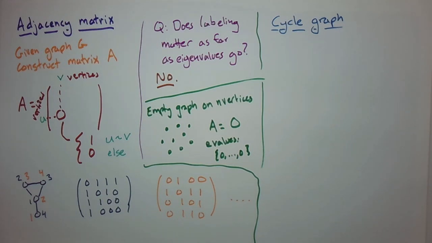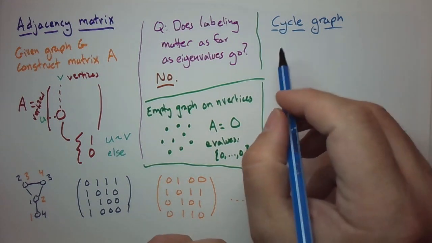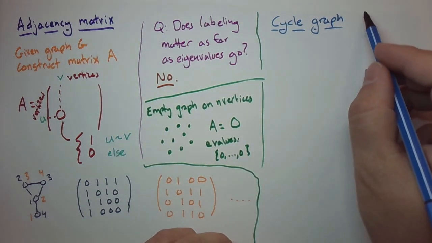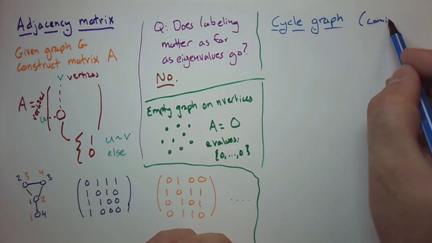Okay, so before we get all the way into the cycle graph, we're going to take a step back and jump around a little bit to talk about things that we need to know. So let's start with a particular matrix. This is coming soon.